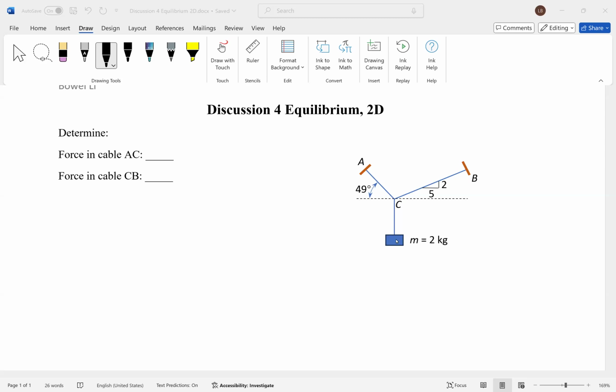Okay, so what is the object that we're going to analyze here? For particle equilibrium, which part are you going to cut out from the system to analyze? You may pause the video and think about that.